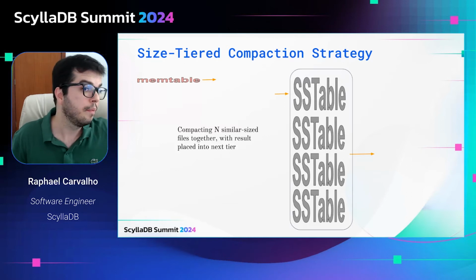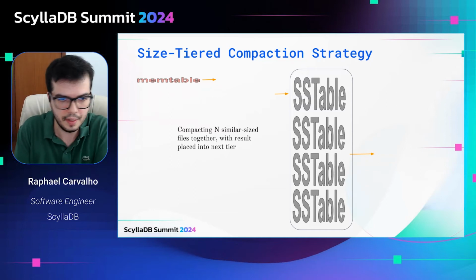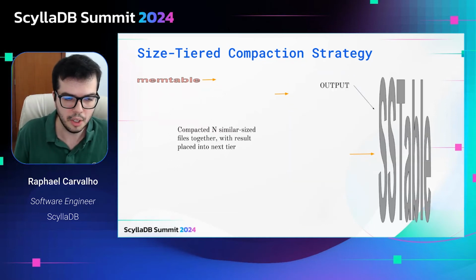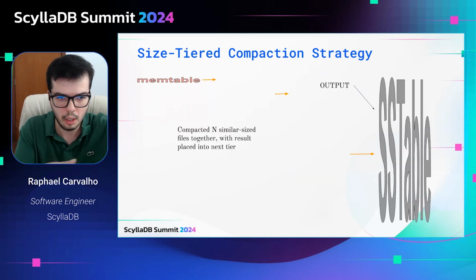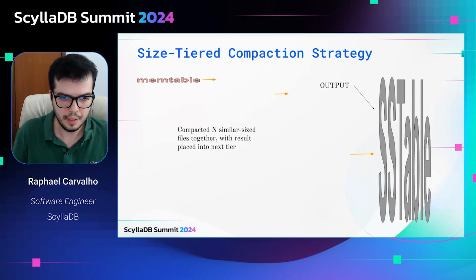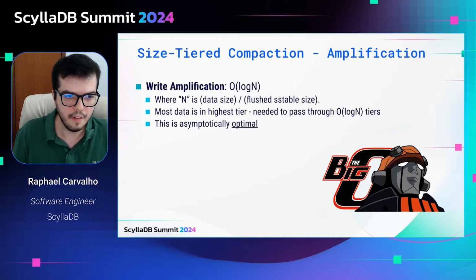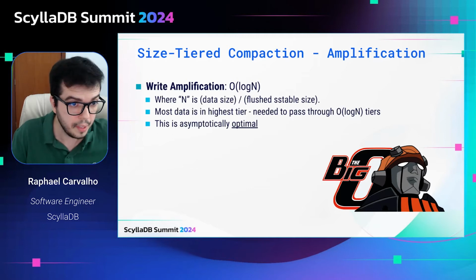And in turn, when the SSTables accumulate in the next level, the same process happens, and the output is the combination of the input data, and the output is not going to contain redundant data. The write amplification is log n, which means that a given piece of data has to be rewritten once per level.